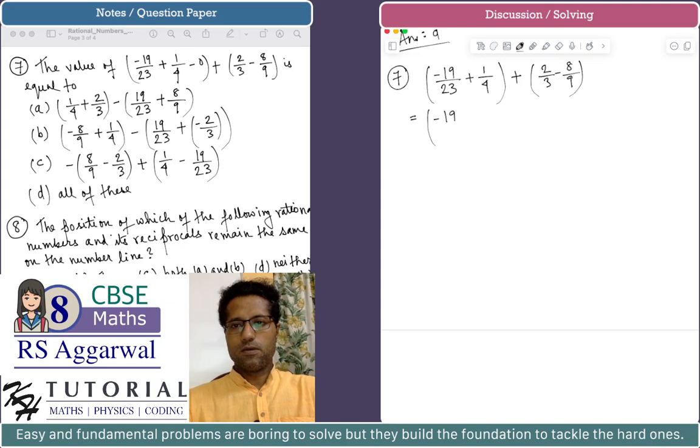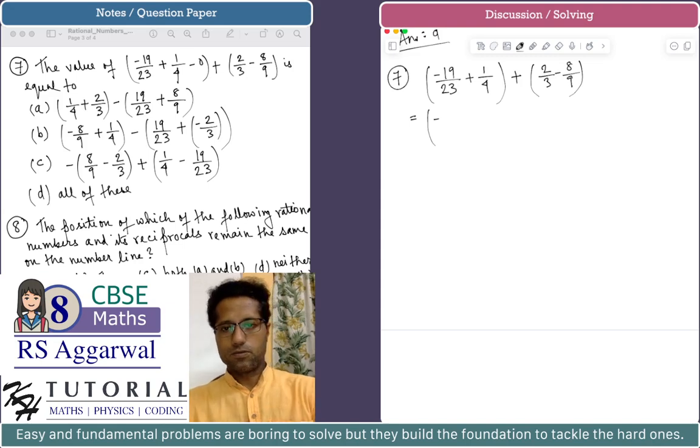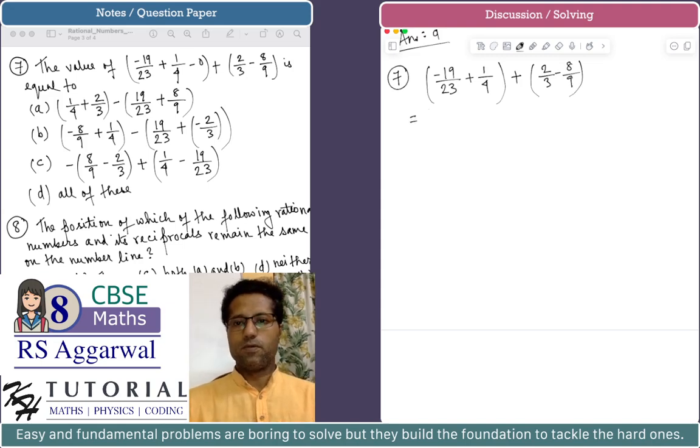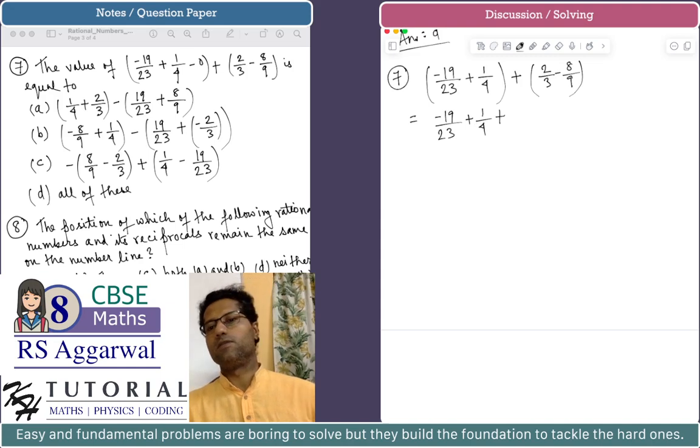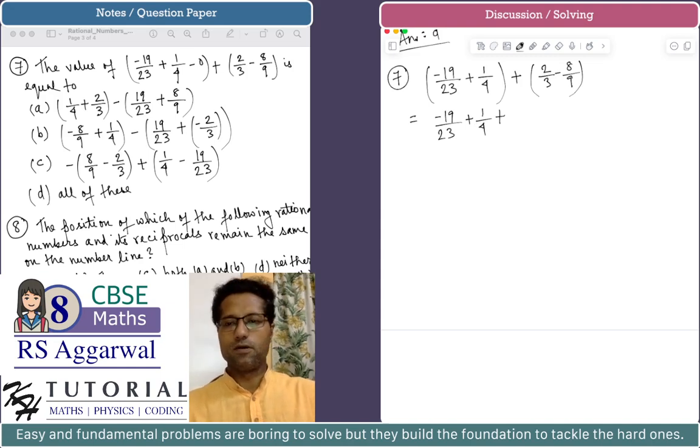So this is equal to nothing but, I can open the brackets without any problem. I can open the brackets like this, plus 1 by 4, and this bracket will also open without any changes in the sign of the rational number inside, because before the bracket there is a positive sign.